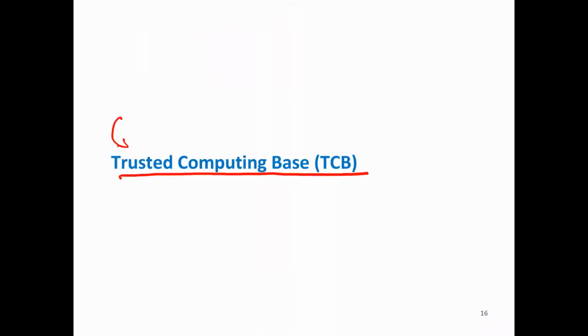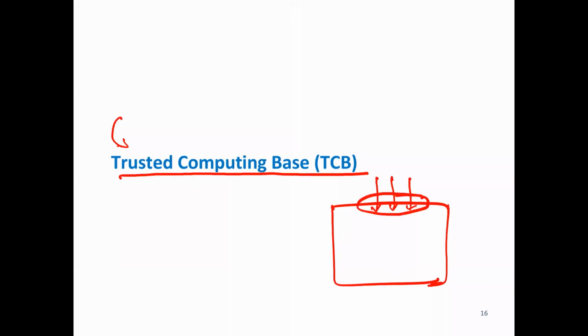Now, when you are designing, for example, you are asked to design a system, and you want to make it secure. Note that there are inputs coming from somewhere, and you cannot make everything secure. All you can say is that a small part of it is secure.